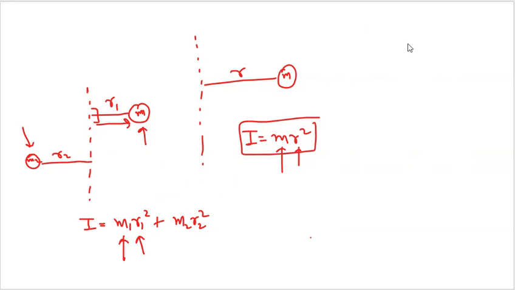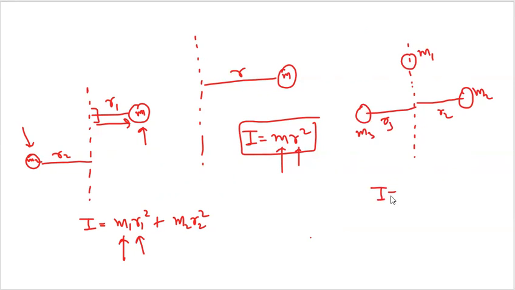Let's solve one more question. Suppose we have an axis like this. Suppose one mass m1 is here, one mass m2 is here, another mass m3 is here. Suppose the distance of m2 is r2, distance of m3 is r3, and m1 is on the axis. So what will be the total moment of inertia?